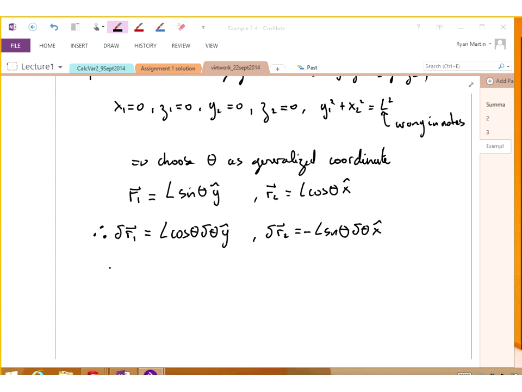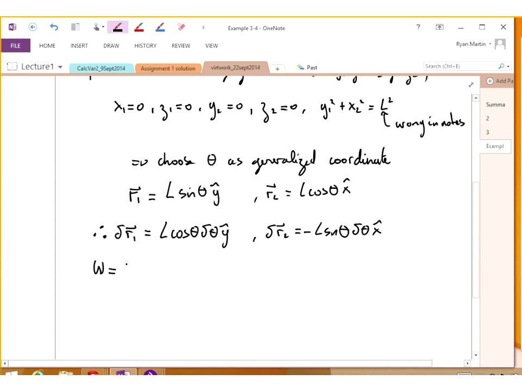So we've written delta R1 and delta R2. All right, so now we can calculate the total virtual work, W, which is equal to the first force, which we'll call mg, in the minus y hat direction, dotted with delta R1, which is L cos theta delta theta y hat.